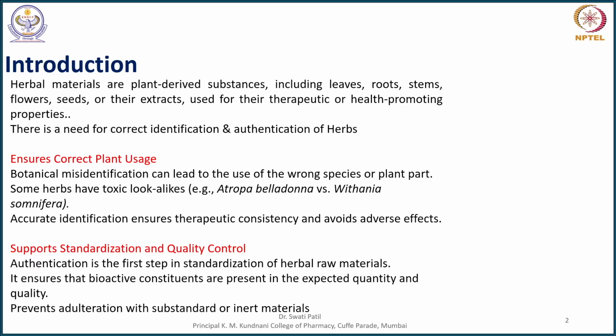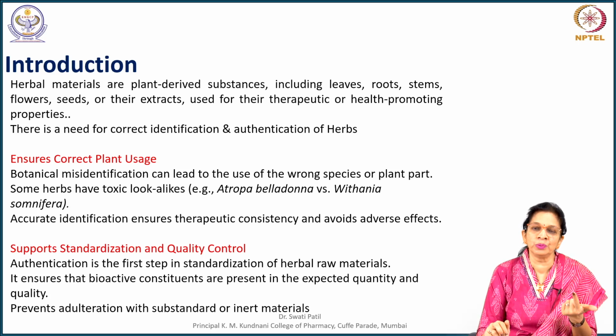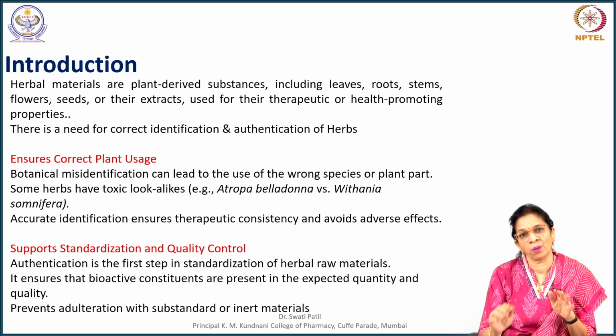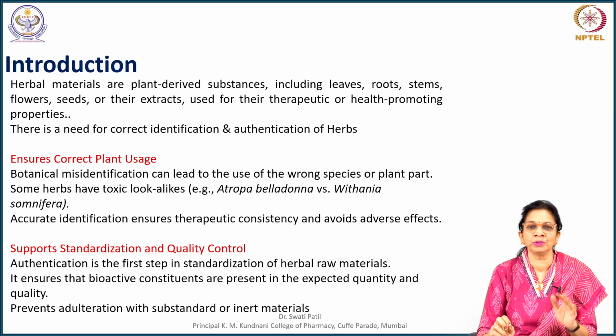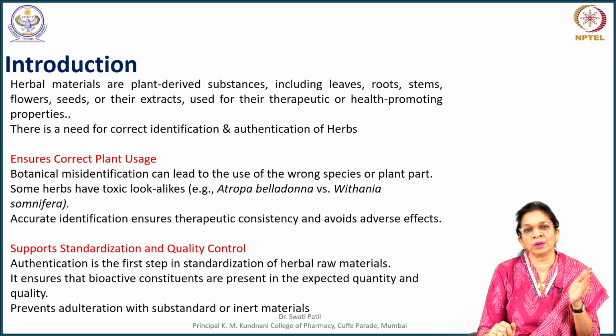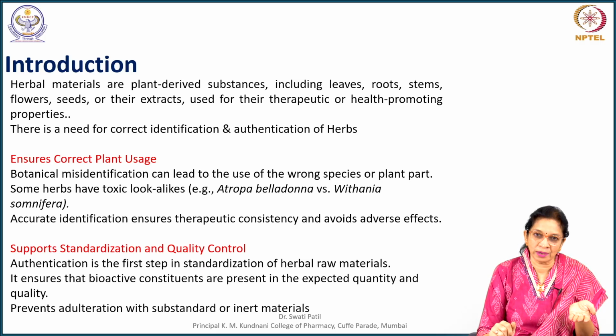formulation for therapeutic use. Herbal materials are plant derived substances which include different plant parts. It can be leaves, roots, stems, flowers, seeds, the stamens, or their extract, or the entire herbal plant itself, and these are used for therapeutic purposes or for health promoting properties as wellness formulations, nutraceuticals, food supplements, dietary supplements.